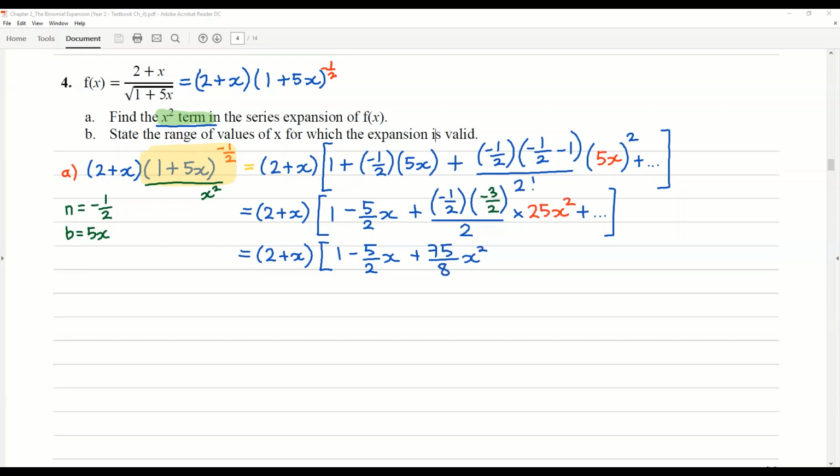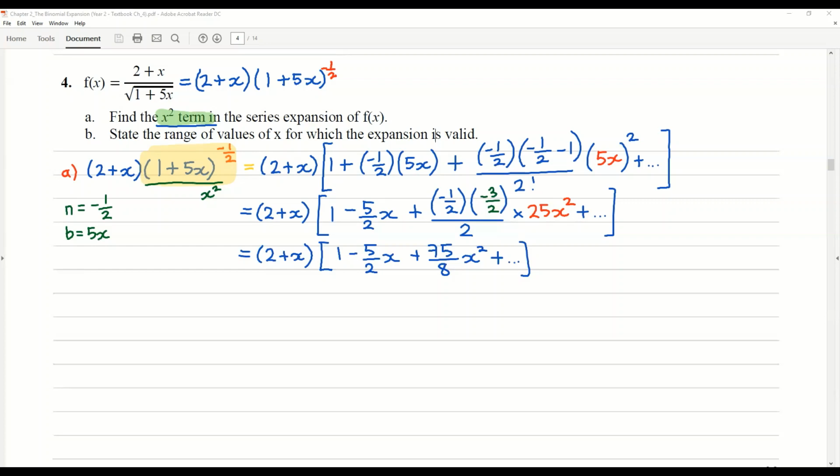Just go through that again. So 3/4 divided by 2, that will be 3/8 multiplied by 25, so that would be 75 over 8, plus some more terms. So now we have to expand fully up to the x squared term.